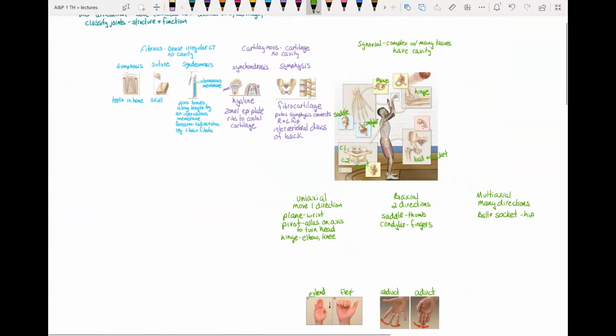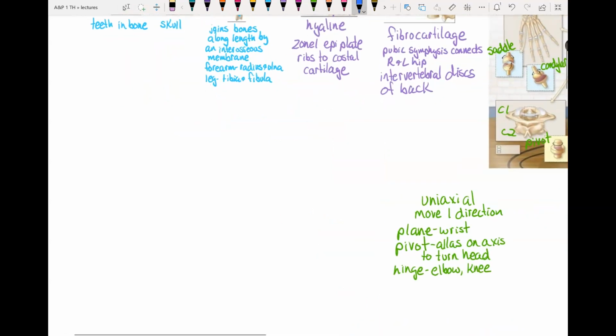Okay, so that's the structures. Now let's look at function. When we classify joints by function, it is degree of movement. So we want to know how much, if any, movement that the joint allows.